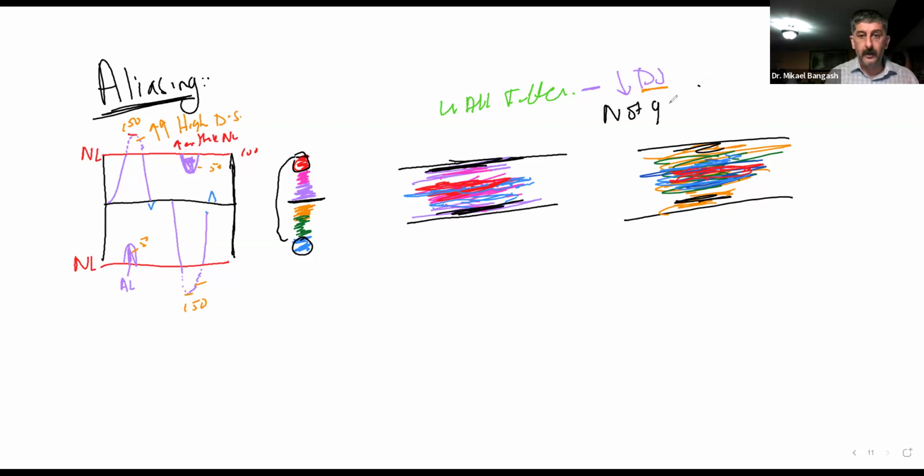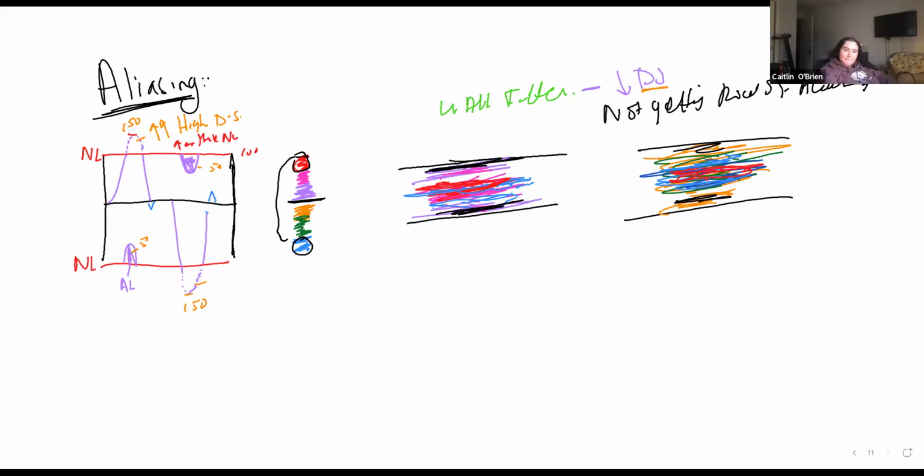So it is not getting rid of aliasing. Did you guys get that?